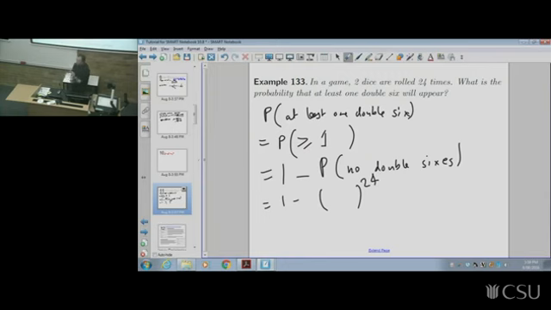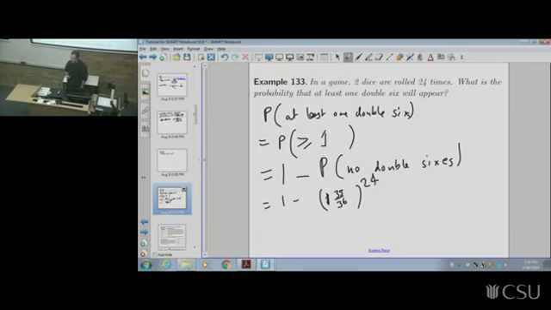What's the probability the first dice roll is not a double six? 5/6. So there's 2 dice, so it'd be 36. 5/6 times 5/6, so it'd be like 25 over 36? You can do it different ways. As you say, 35 over 36.